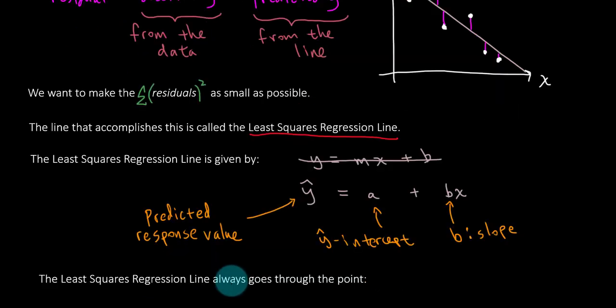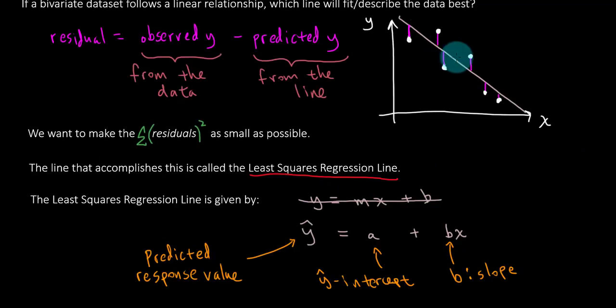Something that I think is neat is that this line always goes through the following coordinate. If you take the average of your x values, and then you take the average of your y values, that is a point that this line will always go through.